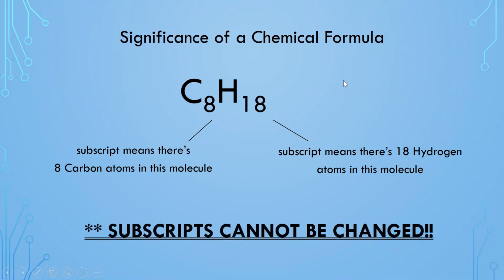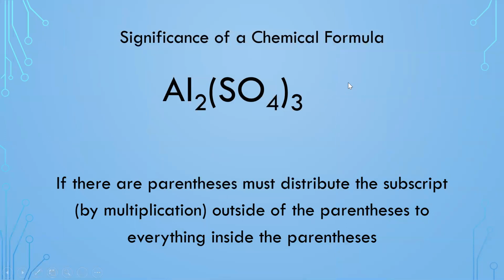If I give you a subscript, for example, C8H18, you cannot change these. So if you are given a subscript from the board or on a typed worksheet, that is the correct subscript. You cannot erase it, change it, white it out, cross it out. You have to use what's given to you.